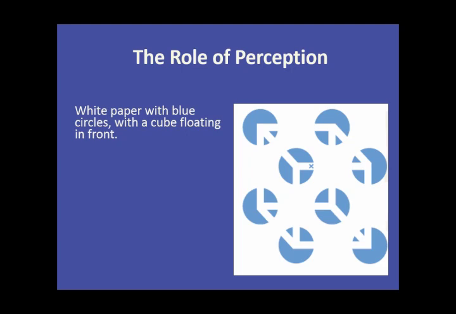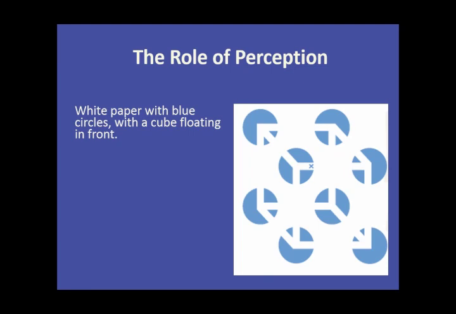It could be that what you're looking at is white paper with blue circles, with a white cube floating in front of the blue circles. So if you look at the X, it really becomes obvious that there's a three-dimensional cube, what's called a Necker cube, emerging from those blue dots.